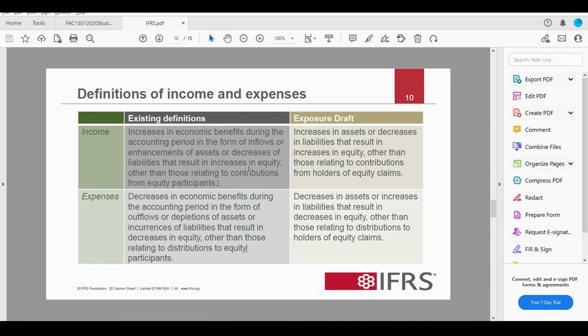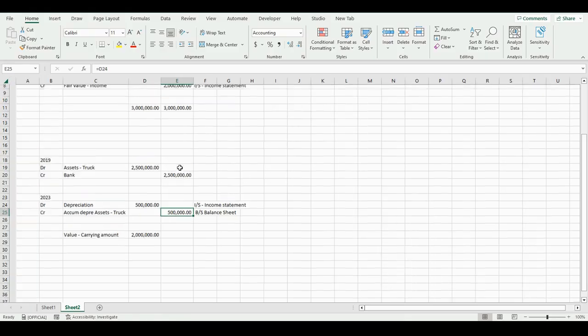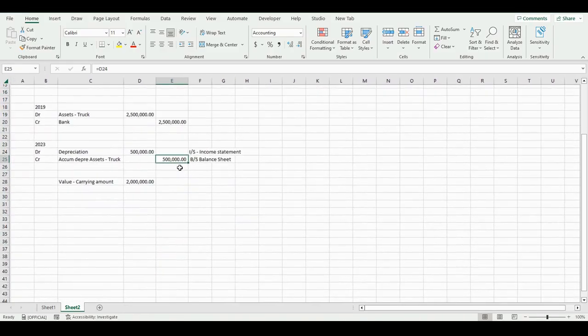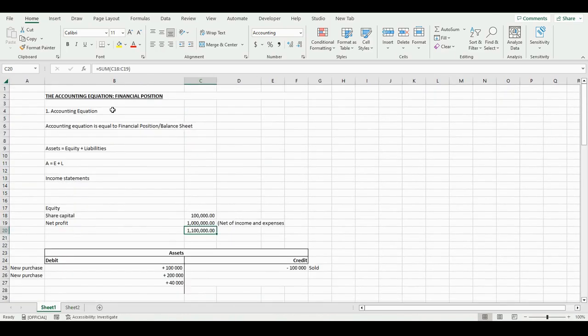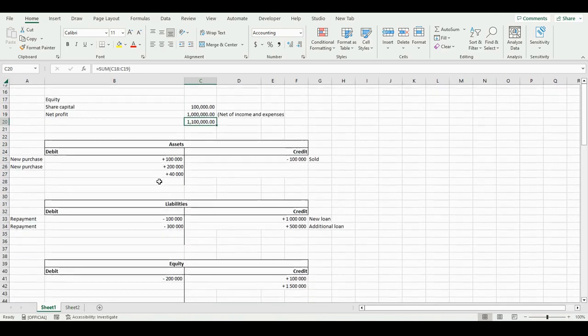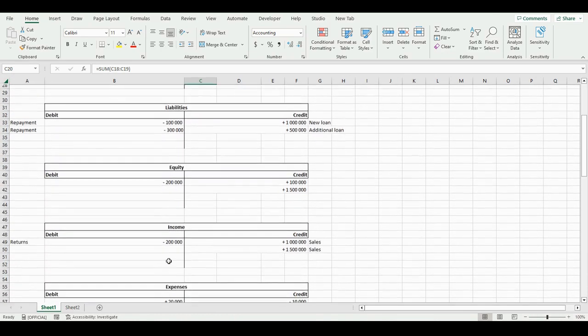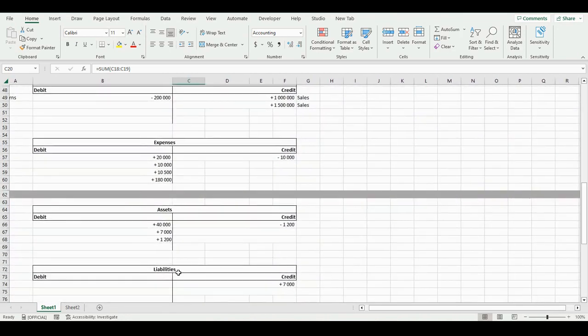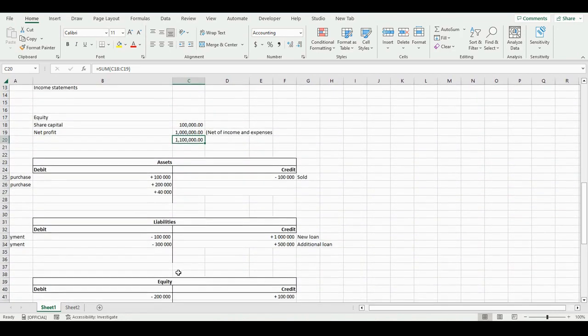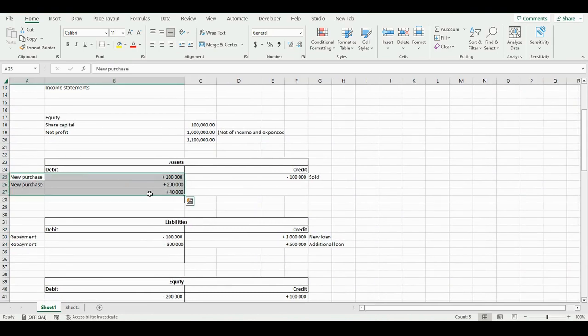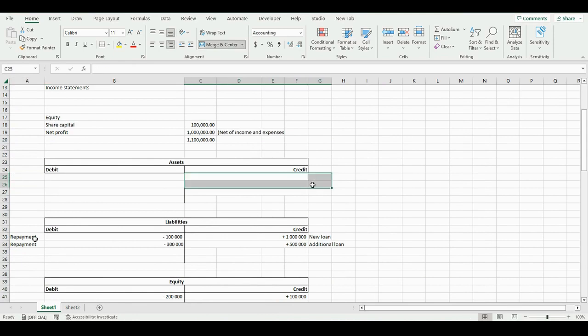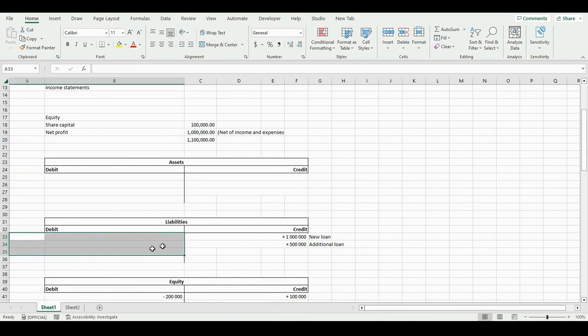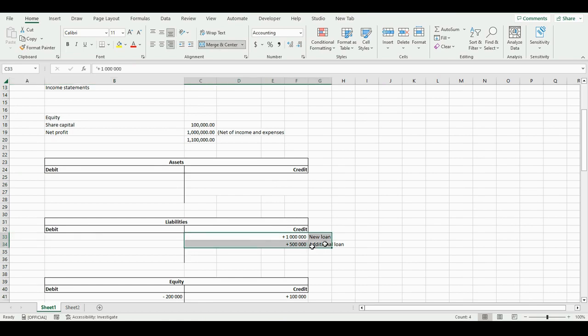Now that we know the definitions, I want to show you how these items behave. You've got assets, you've got liabilities, you've got equity, you've got income, and you've got expenses, right? I'm going to delete all of this, because this is going to be very critical in knowing your accounting equation.